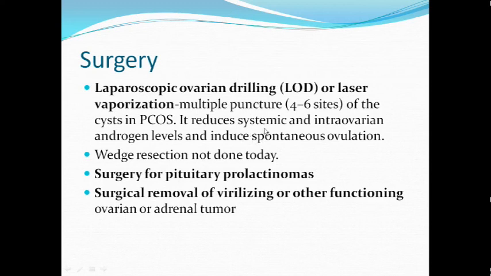This reduces the systemic as well as intra-ovarian androgen level and induces spontaneous ovulation. Wedge resection of the ovary is not done today. If you find a prolactinoma, you can go for surgical removal, and you can also surgically remove virilizing ovarian or adrenal tumors.